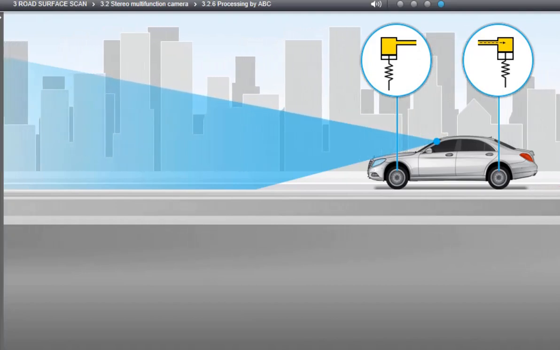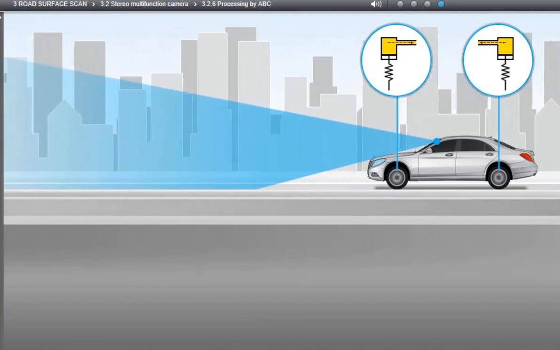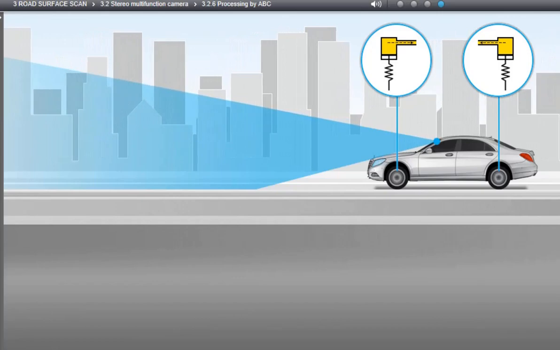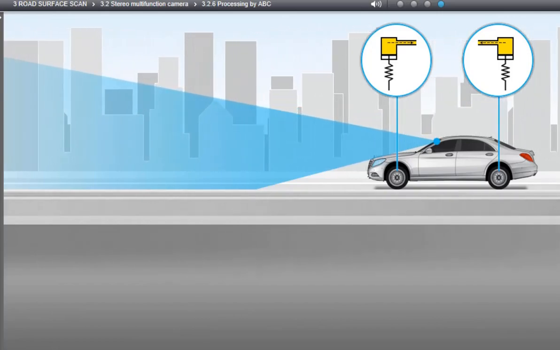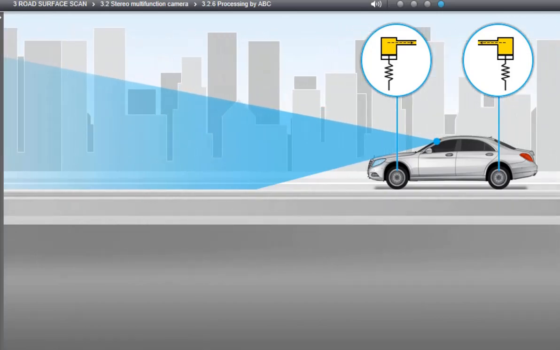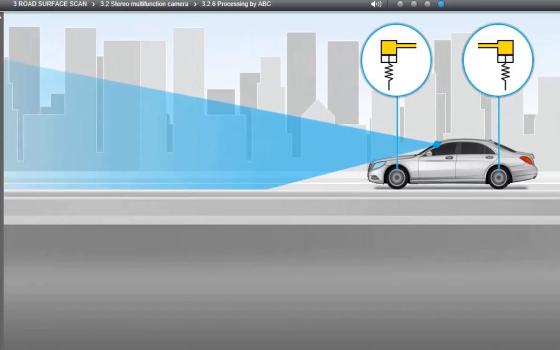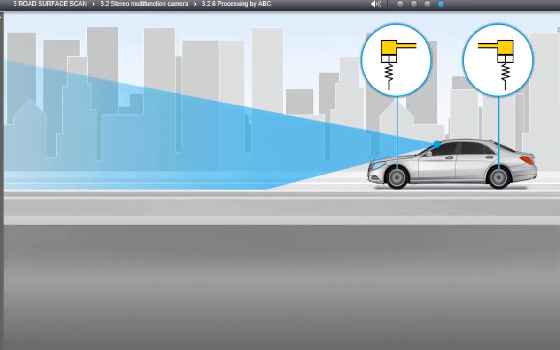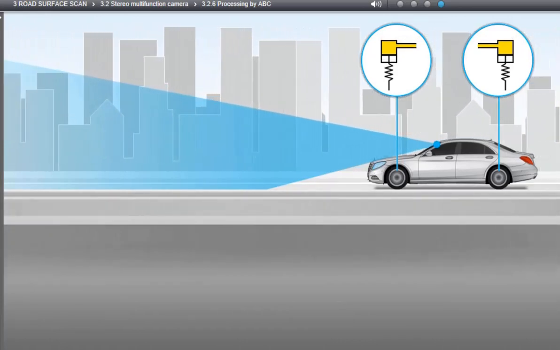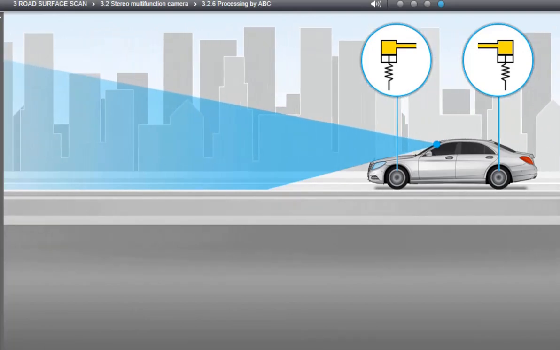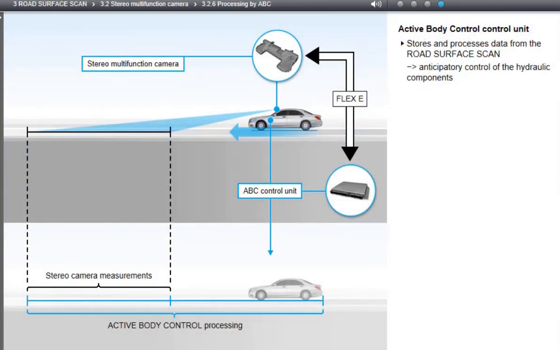After passing the braking threshold, the control unit opens the control valves for the oil drainage from all 4 hydraulic cylinders until the normal vehicle level is restored. You can start the described control process again by clicking on the active body control unit.